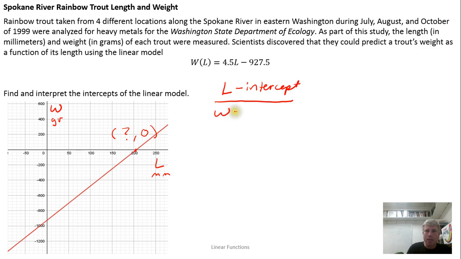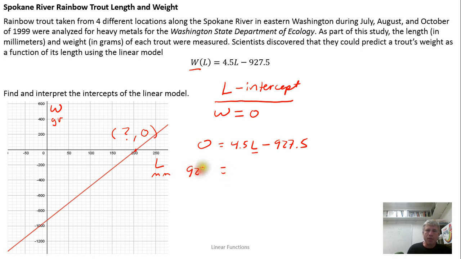So we need to identify that W is going to equal 0 as we cross this horizontal axis.